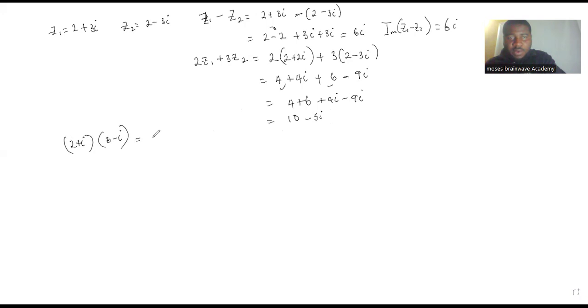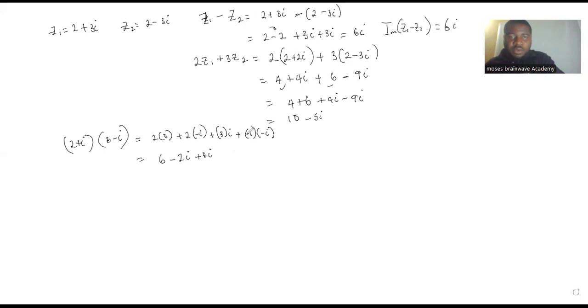So here we're going to be having 2 multiplied by 3, plus 2 multiplying minus i, then plus we have 3 multiplying i, then lastly plus we have i, then minus i multiplying each other. So here we're going to be getting 6 minus 2i plus 3i.